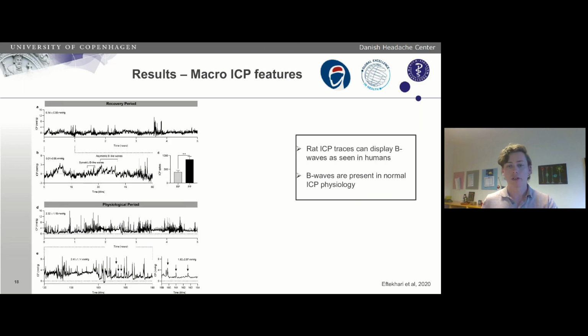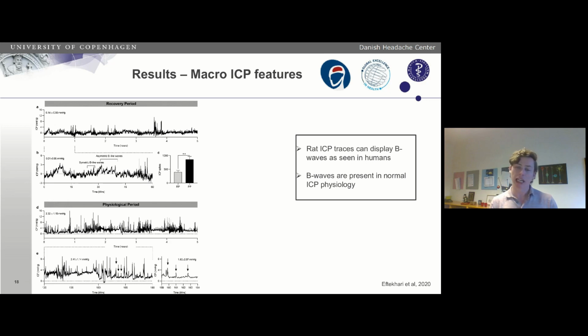Moving on. So we have what we like to call macro features of ICP. These are features you see when you zoom out from the ICP waveform. What we see, akin to humans, is that we see B waves, which traditionally are seen in pathology, but that's only because in humans you only really measure intracranial pressure in pathological situations.